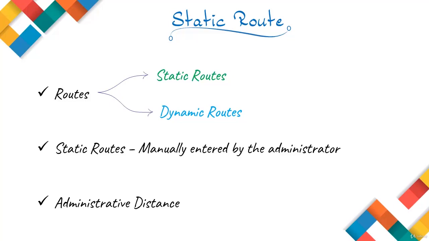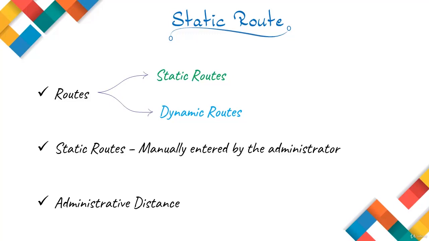In fully specified static route, the administrator specifies the next hop IP address. It may be the IP address of the neighbor router or a nearby router. So the administrator specifies the IP address to which the packet has to be forwarded by this particular router so that the packet reaches the destination.